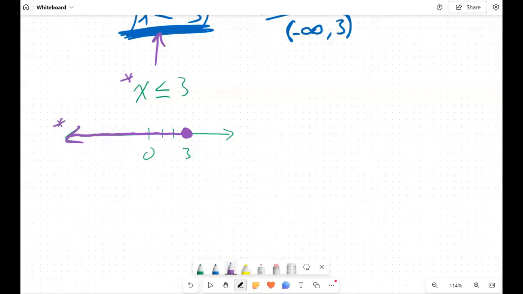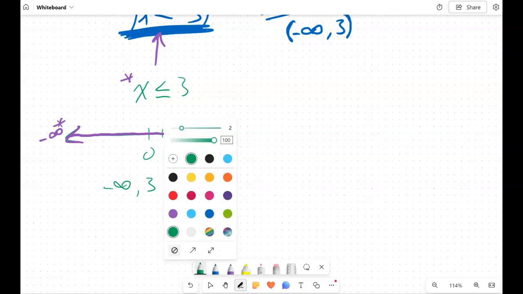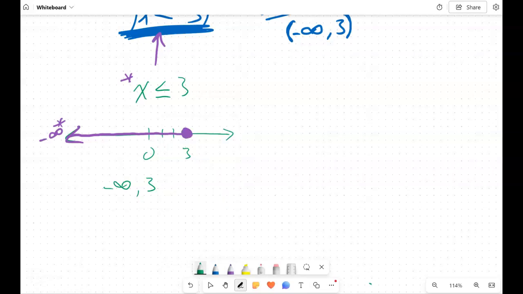And now if I chose to do interval notation for this, remember, my left and my right. So I'm still coming down to negative infinity, still going to 3. So it's looking really similar. Negative infinity to 3. Now remember, I just told you with interval notation, if you're ever dealing with infinity, it always has a parenthesis.